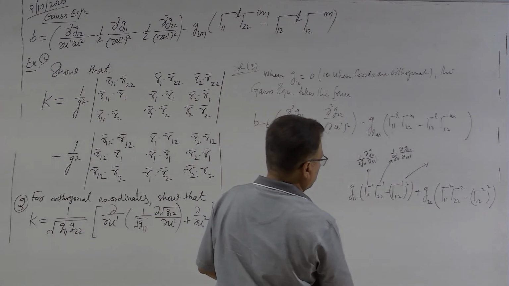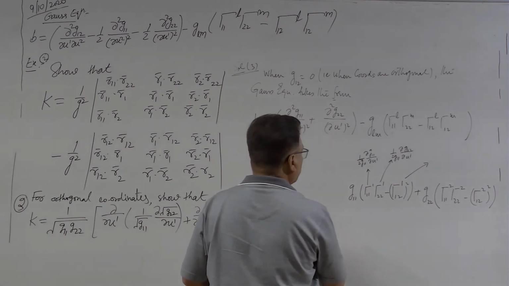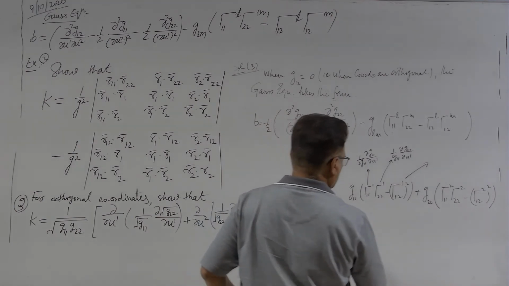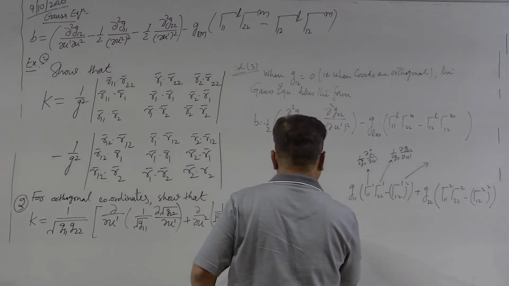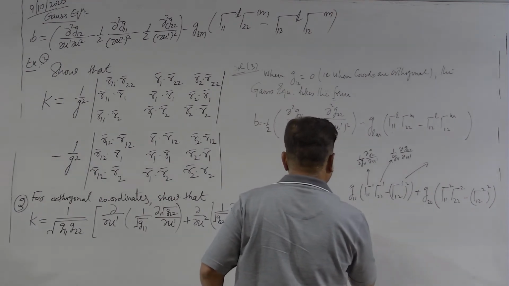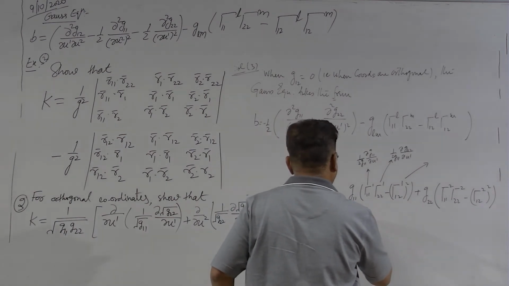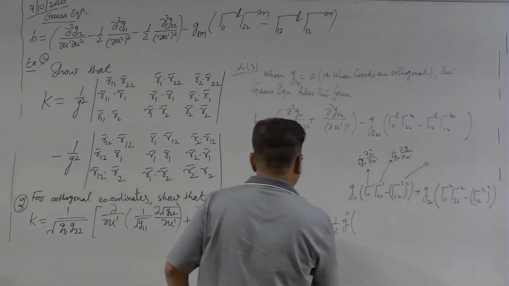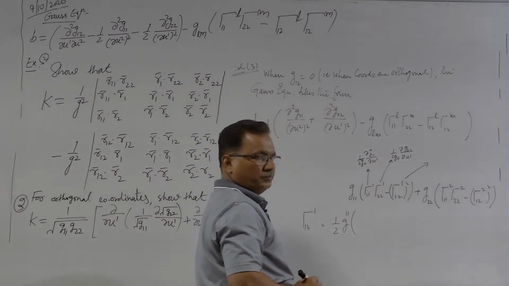What is this? Γ^1_12 whole square. So, once again half G^11. Here i is 1, j is 2.